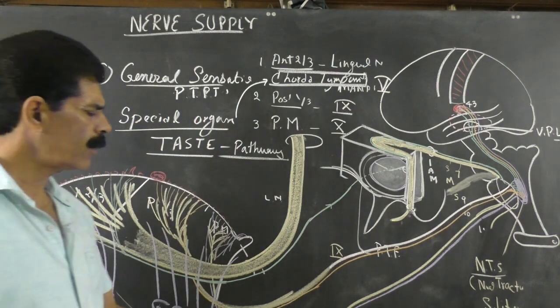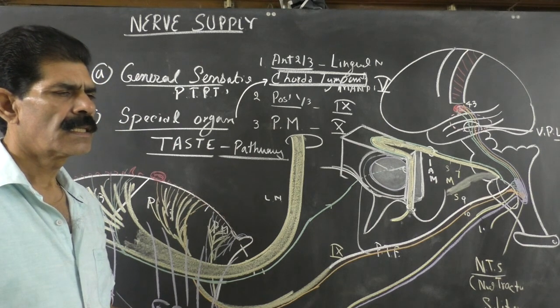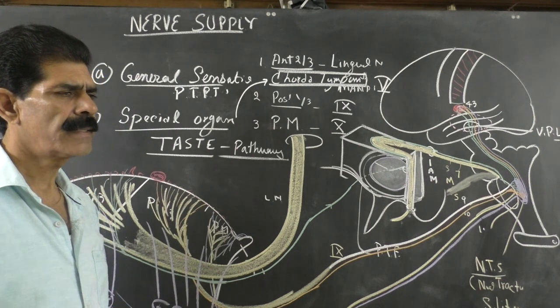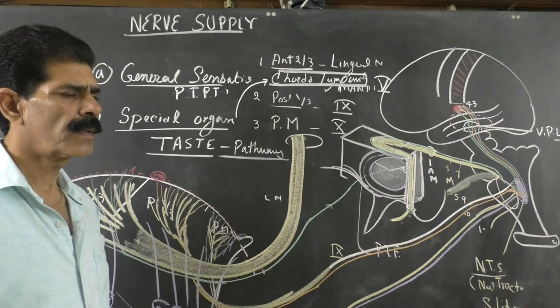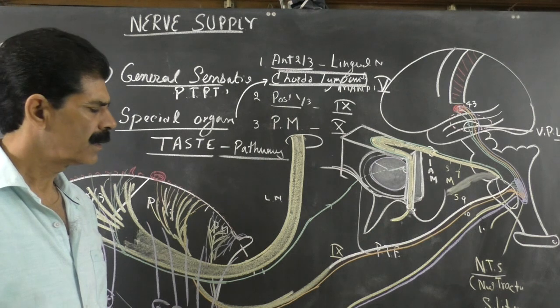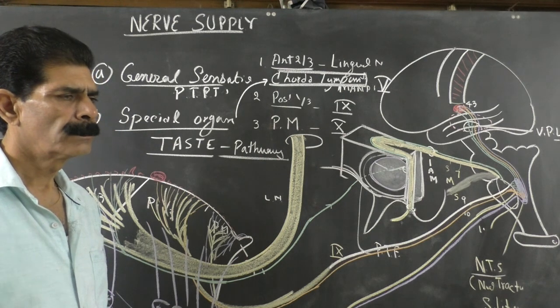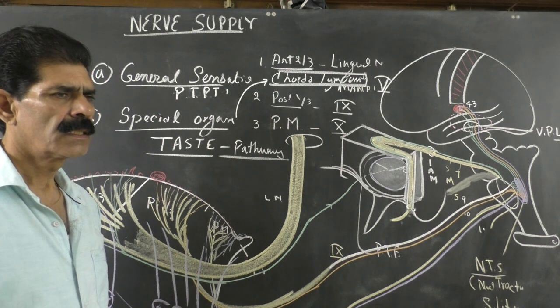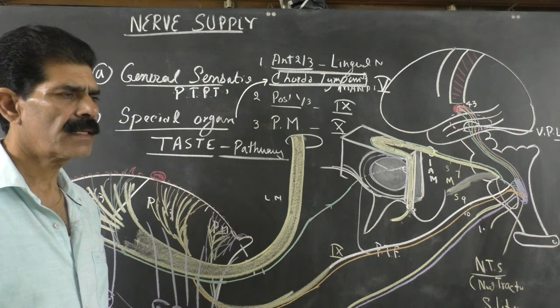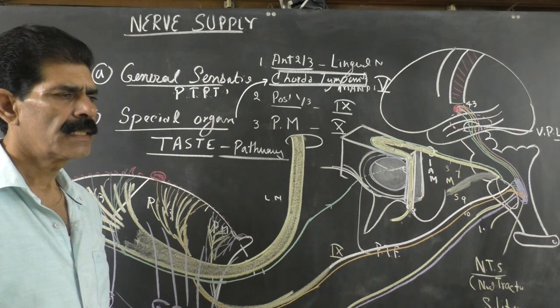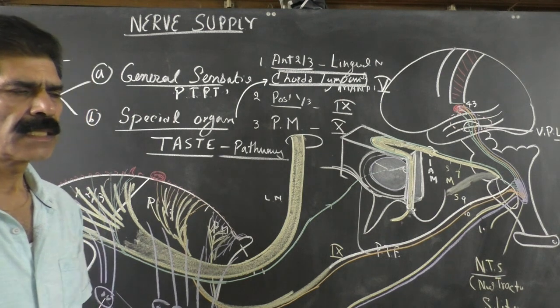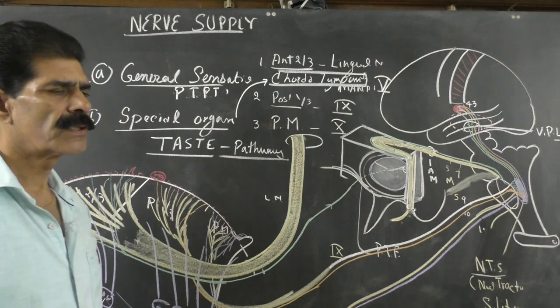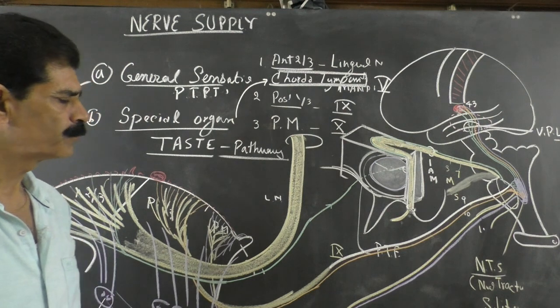From the jugulo-omohyoid group, these lymph nodes ultimately go to the right and left cervical groups of lymph nodes, which ultimately form the right lymphatic duct, and the left opens into the thoracic duct, and ultimately it goes into the internal jugular vein or the venous blood.